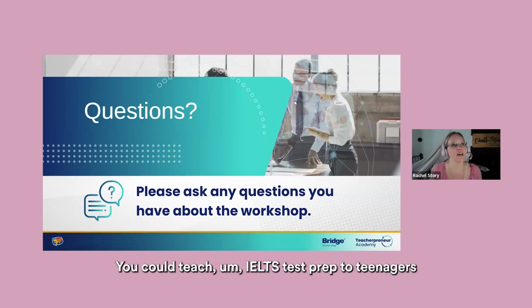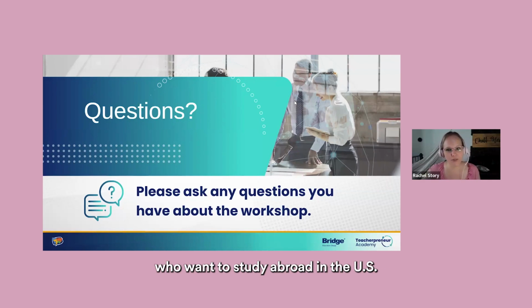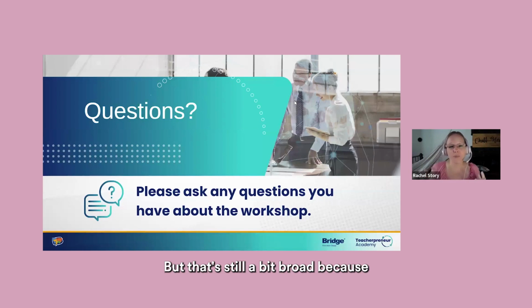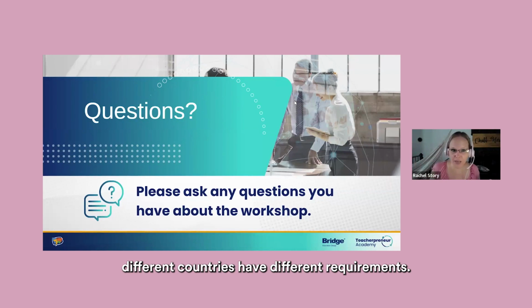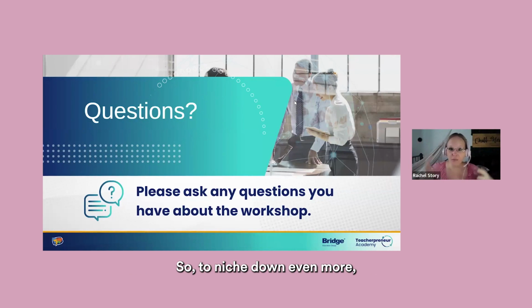You could teach IELTS test prep to teenagers who want to study abroad in the US. You can start by saying study abroad in an English-speaking country, but that's still a bit broad because different countries have different requirements. So to niche down even more, you could say that you help teenagers prepare to take the IELTS so they can study abroad in the US.